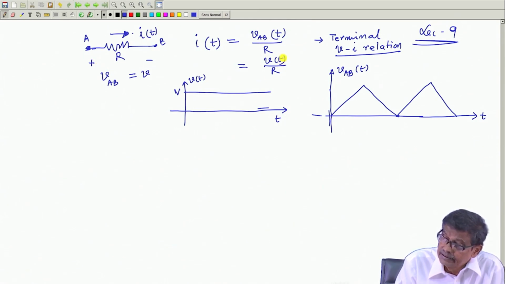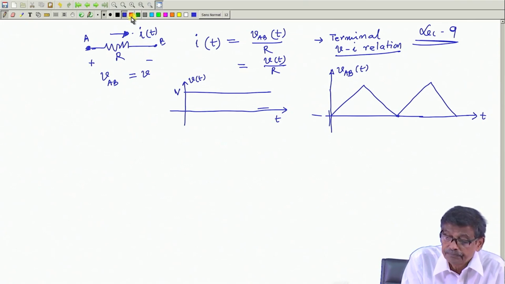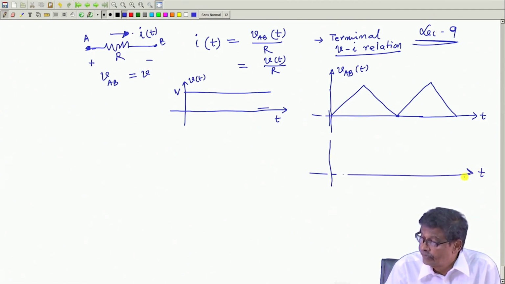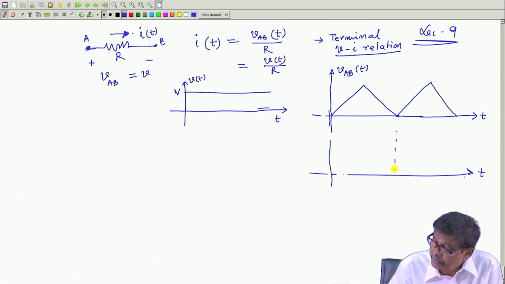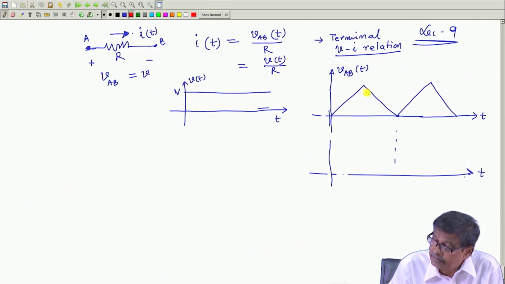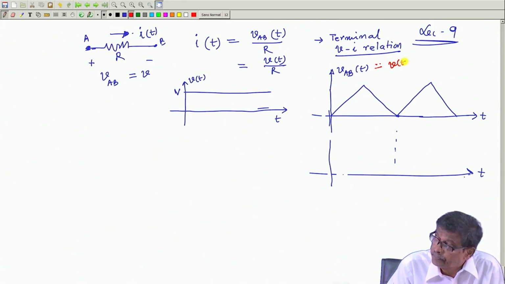Current in the resistance will be some constant times v(t). Therefore, if you sketch the current for this applied voltage against time for a resistive network, it will be of the same shape, because i(t) is v(t) by R. If you write only v(t), you must show plus minus, potential of plus with respect to minus.